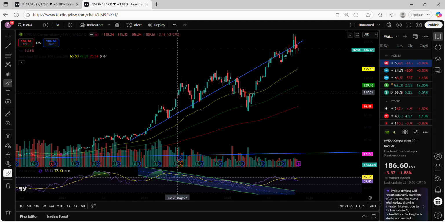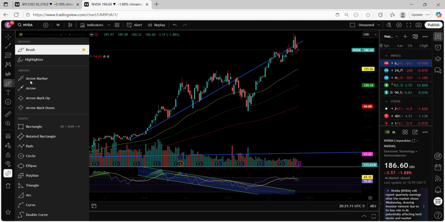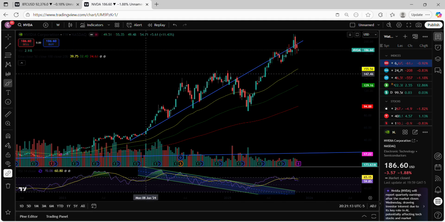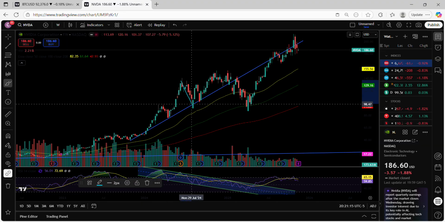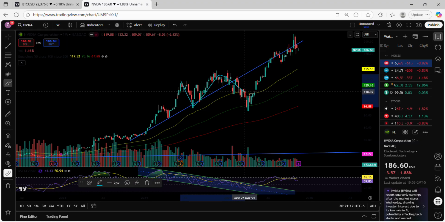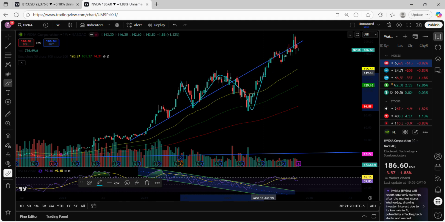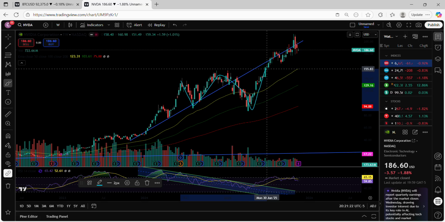And then you also have a more sideways W pattern that it looks like you're in the process of making in Bitcoin. It just happens to be that it's fully formed in Nvidia.